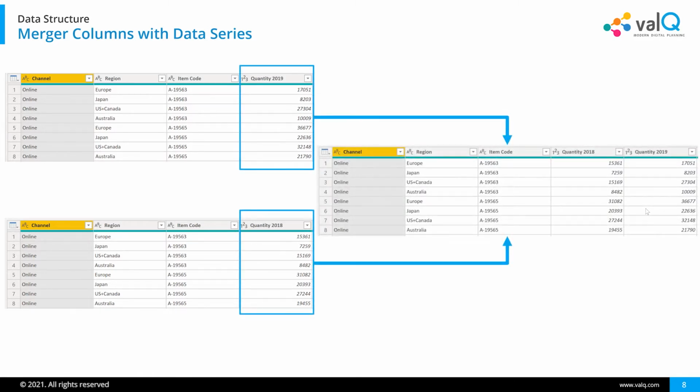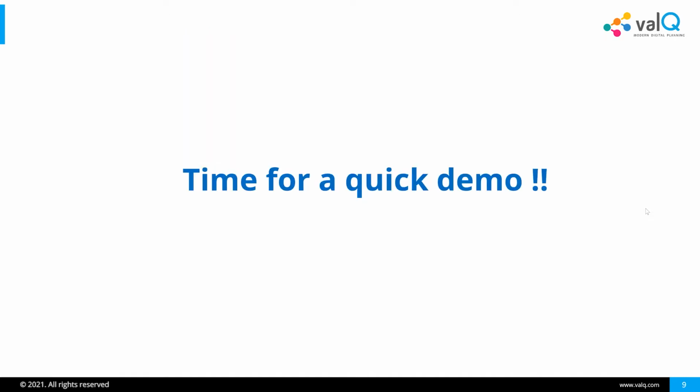What we are going to achieve is to merge these two data structures and create a new data structure that will have both these columns represented. So we are going to have a merge column. Let's take a look at a live demo on transforming this as well as consuming this inside Power BI for ValQ modeling. So, time for a quick demo.